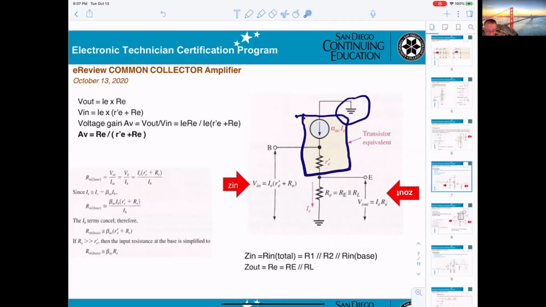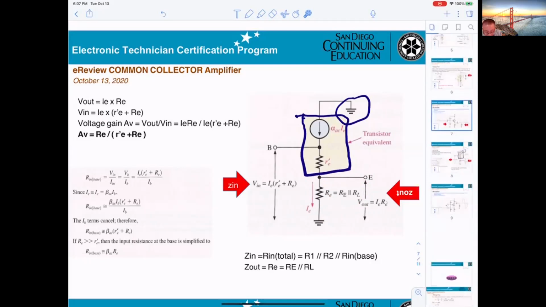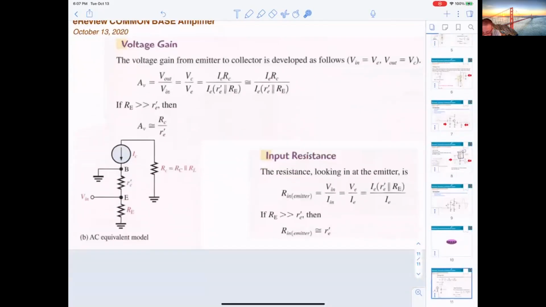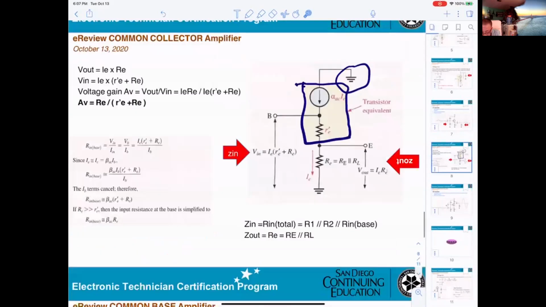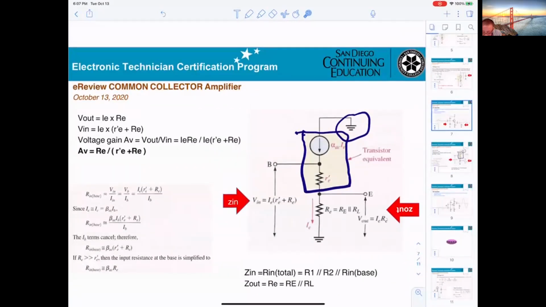And then if you want to calculate the gain, you know V out. V out means right here. It will be IE times R small e. V in will be IE, however, times R prime E plus R small e.